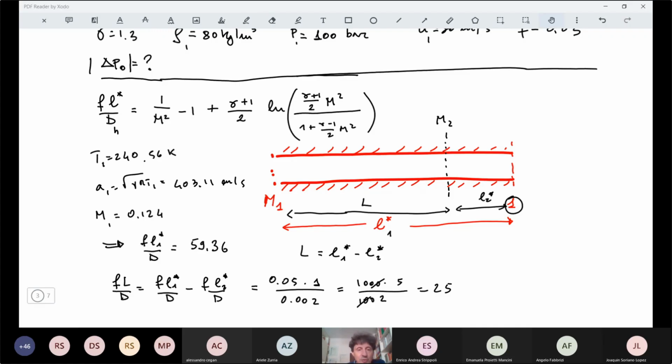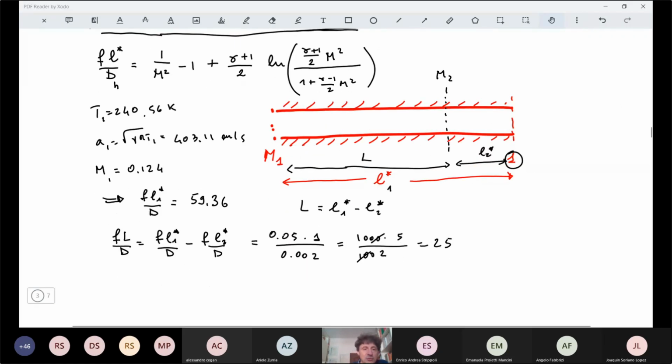Very good. So we know these two quantities. It follows that FL2 star over D must be equal to 34.36.